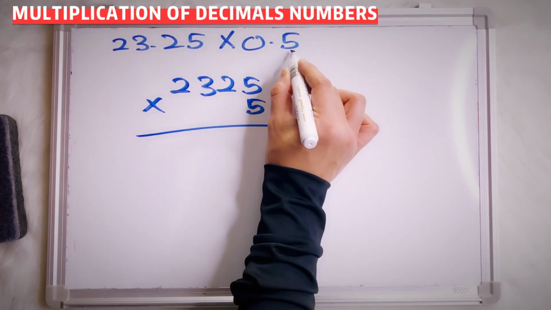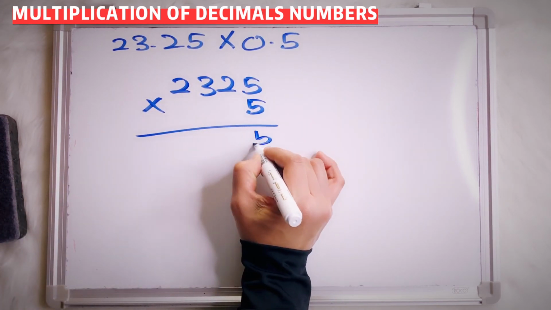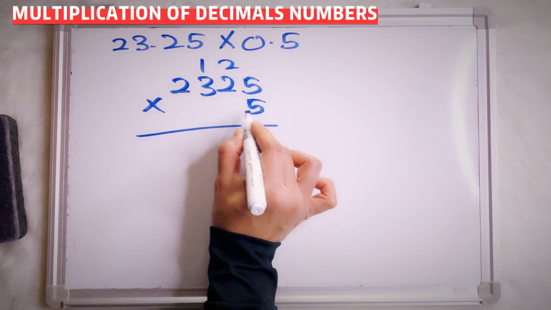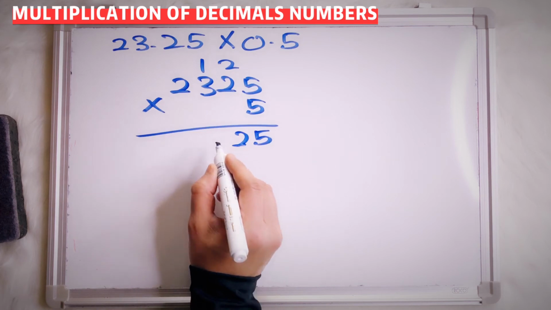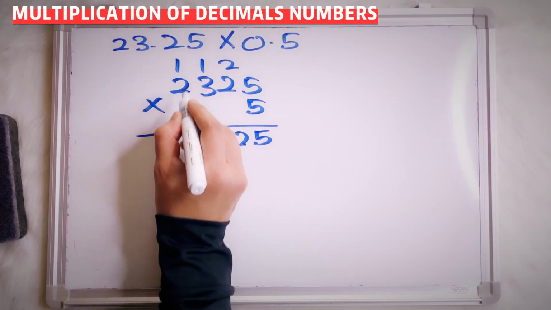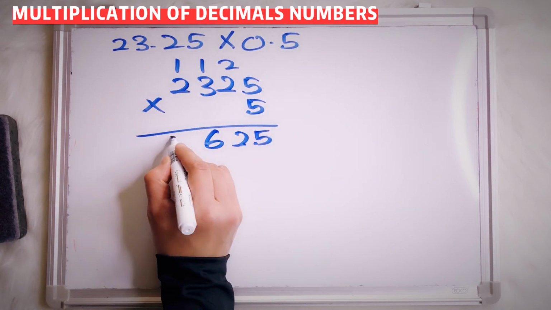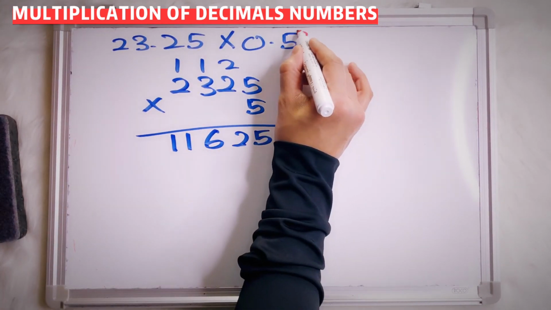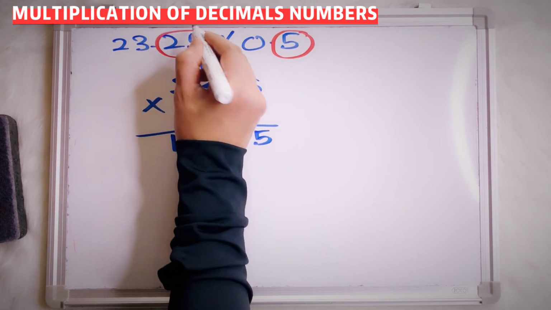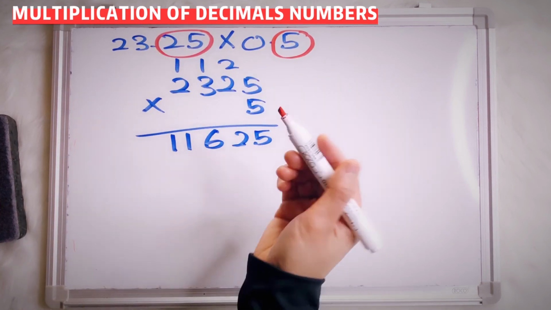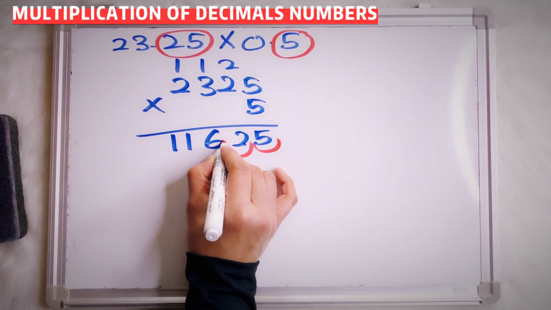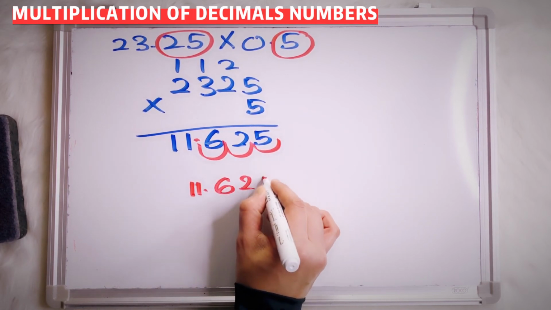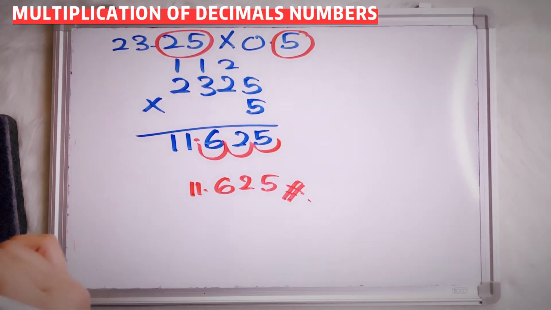You don't take the 0, only 5. 5 times 5, 25. 2 times 5, 10, plus 2, 12. 5 times 3, 15, plus 1, 16. 2 times 5, 10, 11. Correct? Now, we check. After the decimal, we have 1 here and 2 here. So, 1, 2, 3. 3 times you move. Your answer will be 11.625.